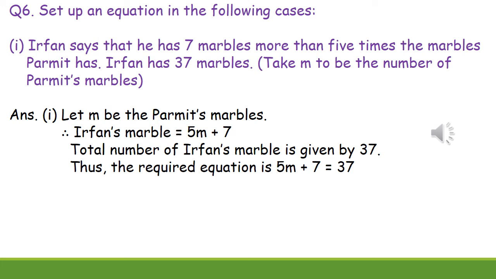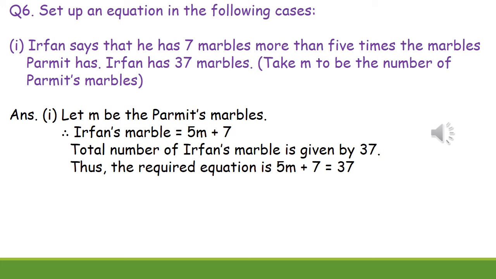Question number 6, we have to set up an equation in the following cases. Part 1, Irfan says that he has 7 marbles more than 5 times the marbles Parmit has. Irfan has 37 marbles. So we are taking that m number of marbles are taken by Parmit.